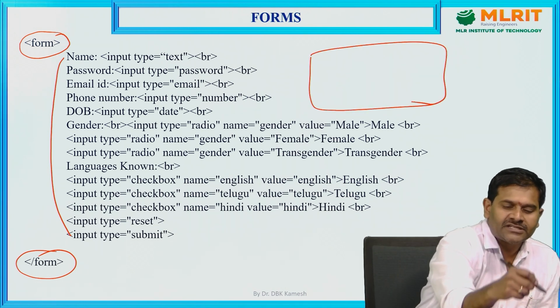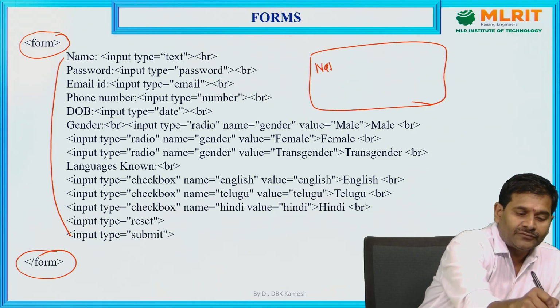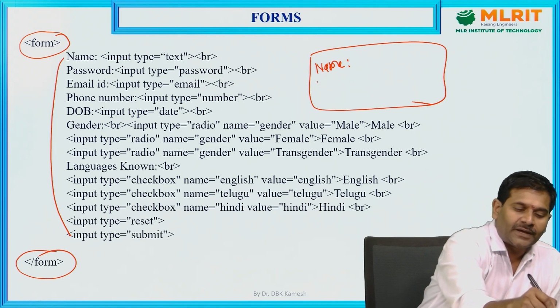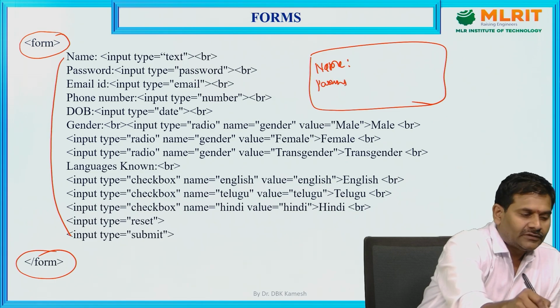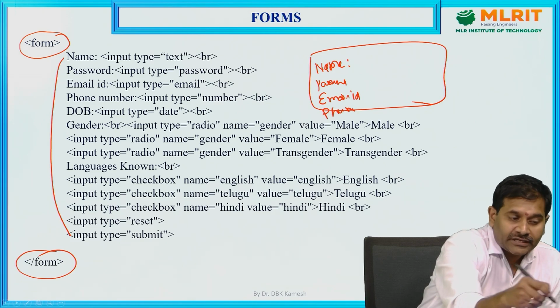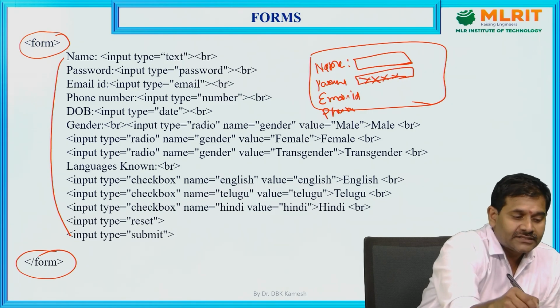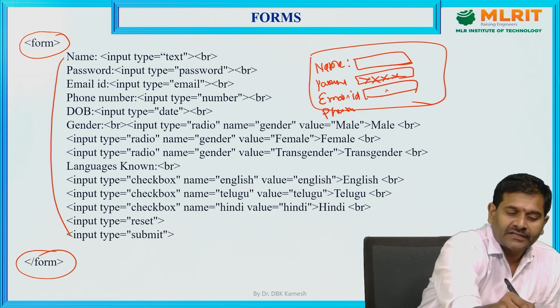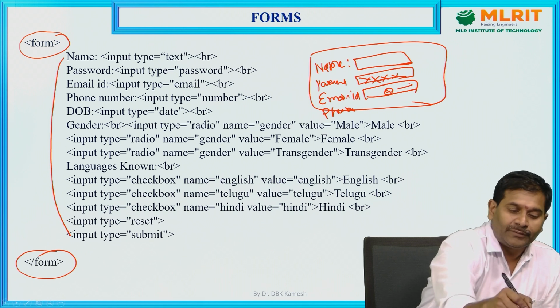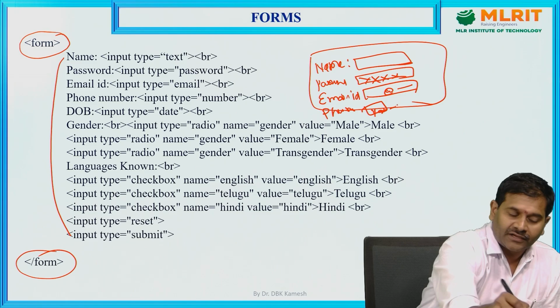In this page we need a name, a password, an email ID, followed by a phone number. The input types are text, password, and email, where you mention the at symbol, then number.